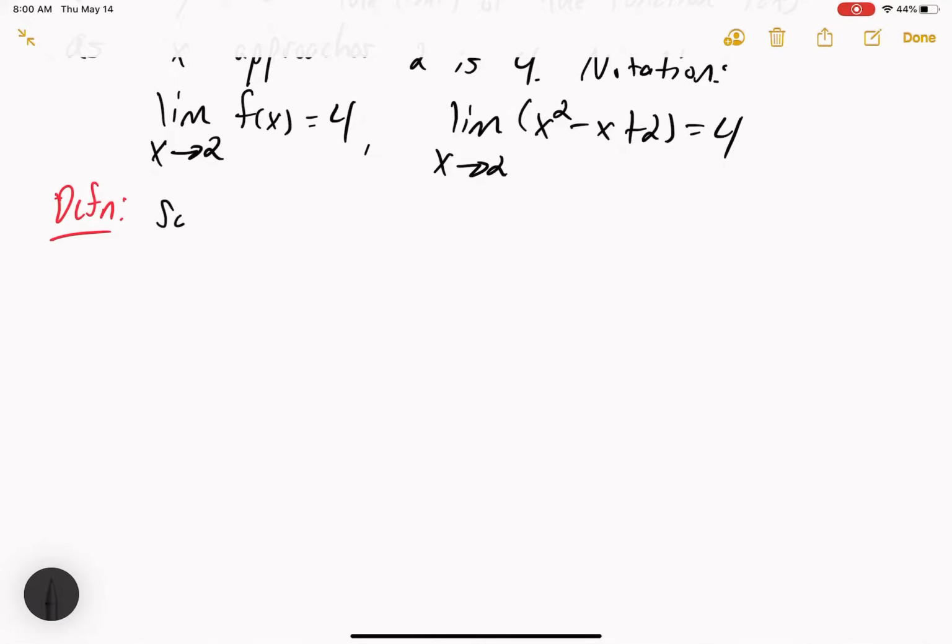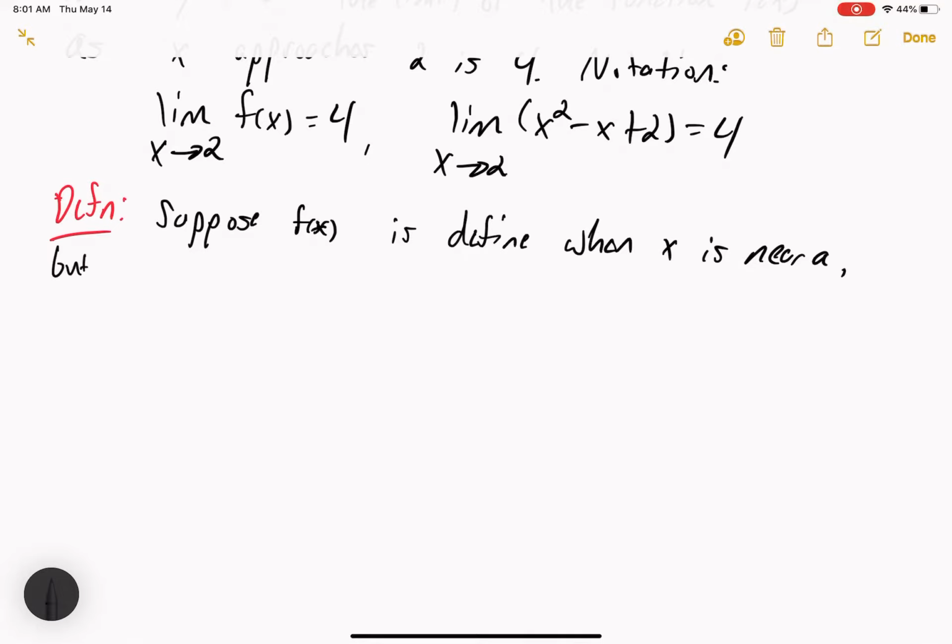Alright, so we say, suppose f of x is defined when x is near a. We should note, but not necessarily equal to a, so it doesn't mean that the function has to be defined there.